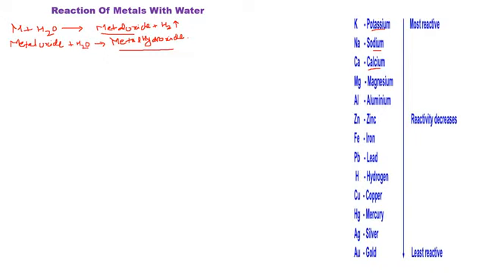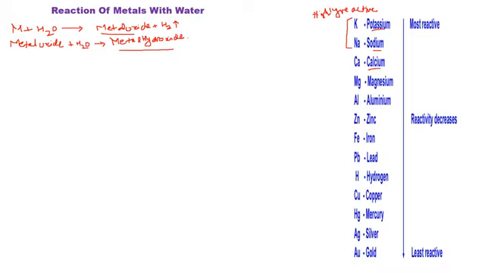Now regarding the reaction of metal with water, let us divide this whole series into four parts, right? Now potassium and sodium are highly reactive elements, and they react in cold water.